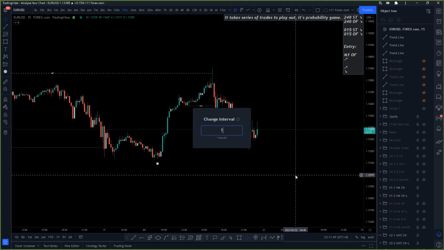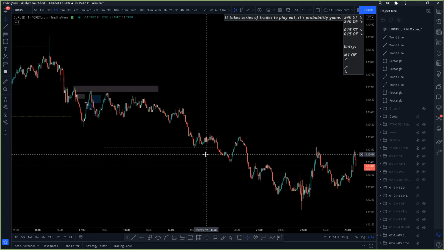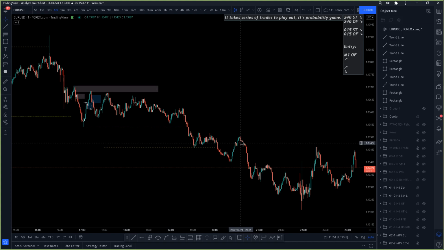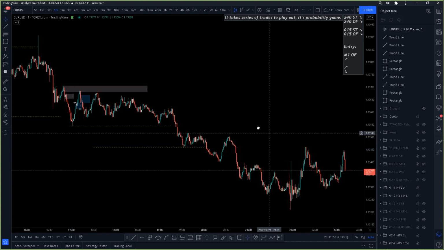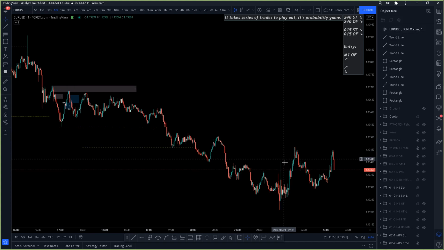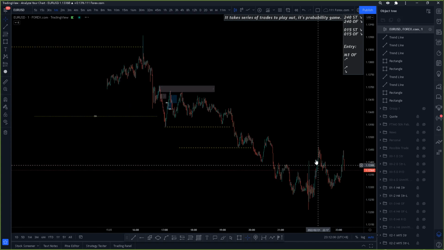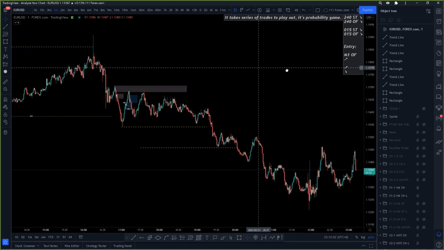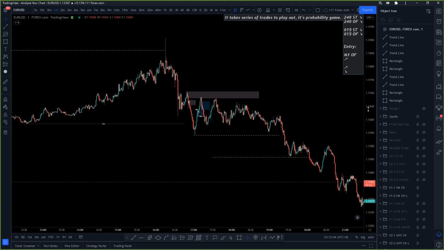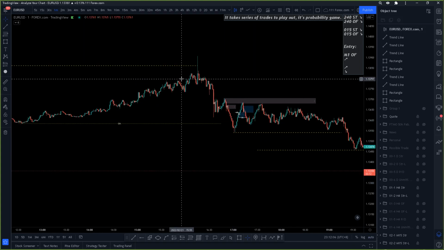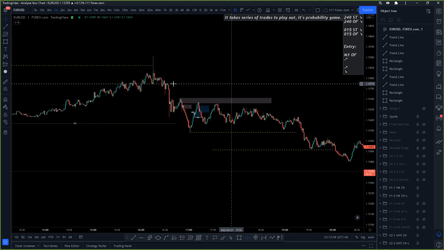Nasty price action. Pure nasty. The only possible one was here.